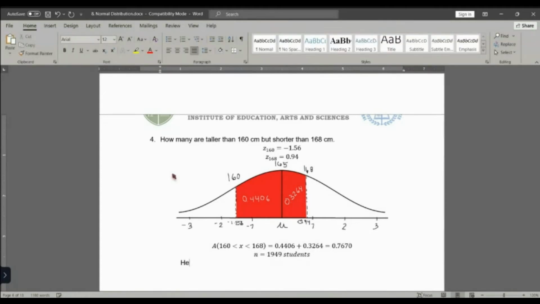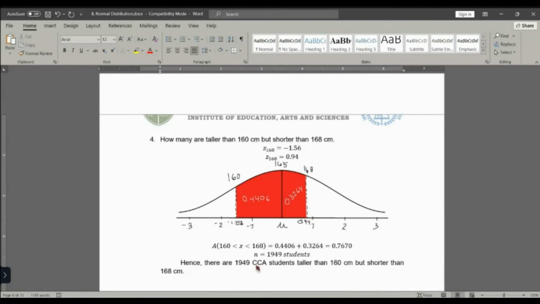So hence, there are 1,949 CCA students, meron tayong interval, no? Taller than 160 centimeters but shorter than 168 centimeters.